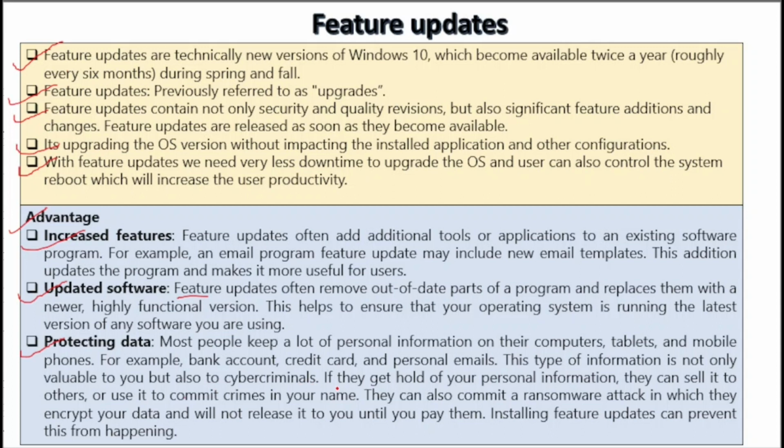If they get hold of your personal information, they can sell it to others or use it to commit crimes in your name. They can also commit a ransomware attack in which they encrypt your device and will not release it to you until you pay them. Installing feature updates can prevent this from happening.